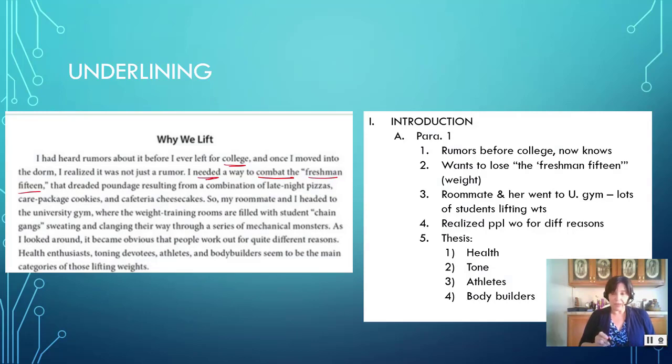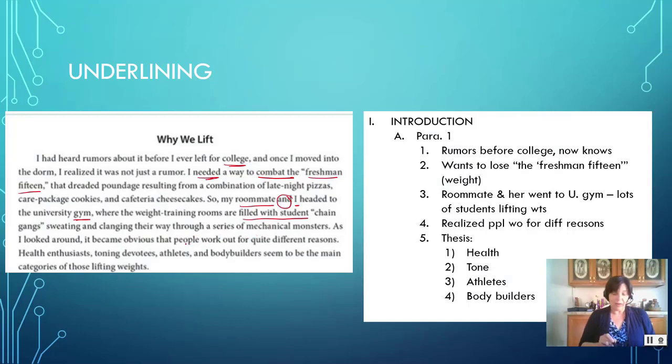Don't need all the details of why she gained the weight, so I'm going to skip to my roommate. I circle my and I. There's 2 of us. And where did they go? The gym. And then filled with students is important. And because this line is just too metaphorical, I'm going to skip it.